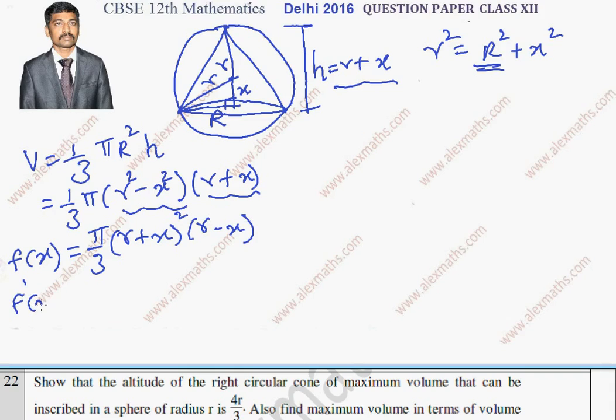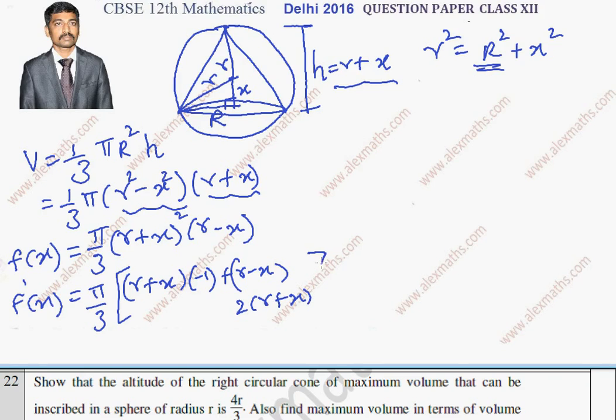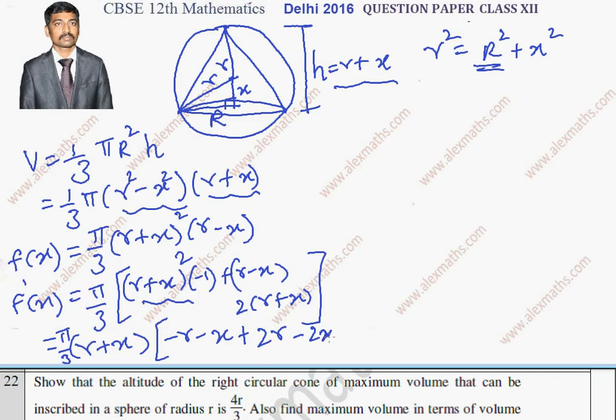Now find f dash of x, which is nothing but pi by 3, using the UV method: r plus x square into minus 1 plus r minus x into 2 into r plus x. Totally I can take r plus x common and we have pi by 3 outside. After taking common, the remaining is minus r plus x, because one term I took common, plus 2r minus 2x.